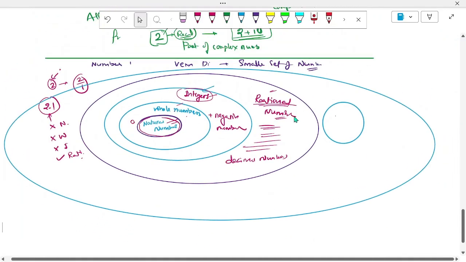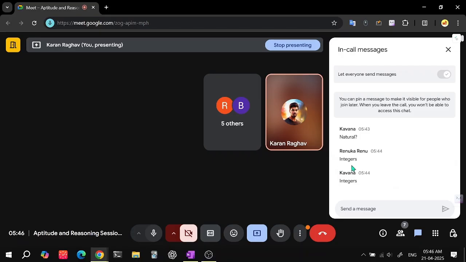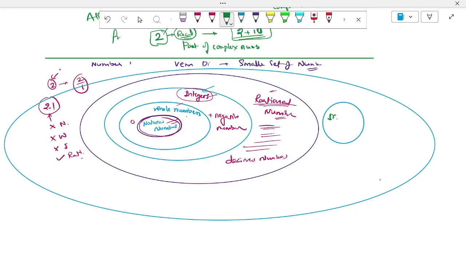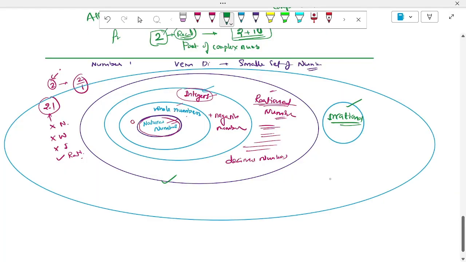This circle, what is this one? Irrational. Correct. It is an irrational number. These are rational numbers. This is an irrational number. When you have both rational and irrational numbers, what do you call that? Yes, we call these real numbers.